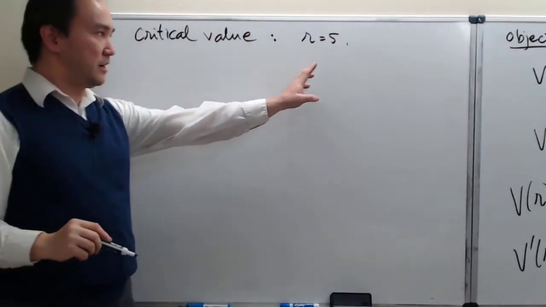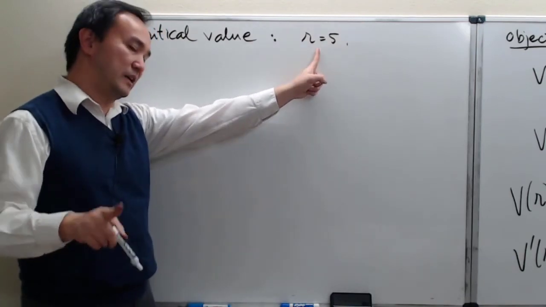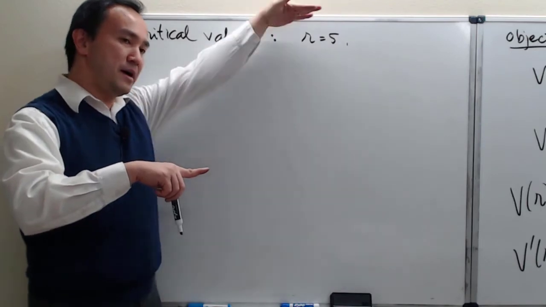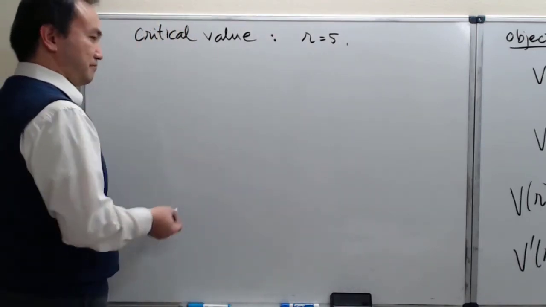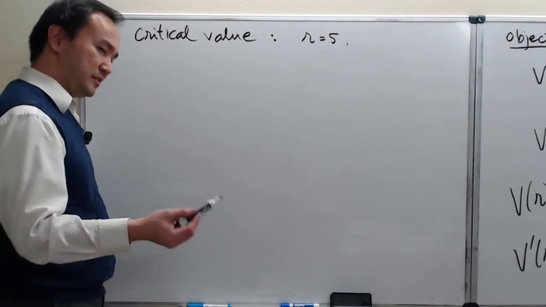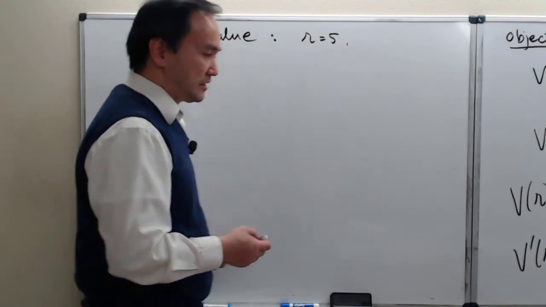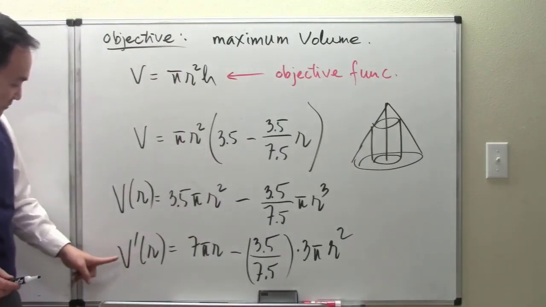Okay, so now it is our responsibility to take the next step to decide if this critical value is going to be giving us a maximum or a minimum. In that way, I see that the second derivative test would be a little bit faster in this case, because we have already found our V prime here.